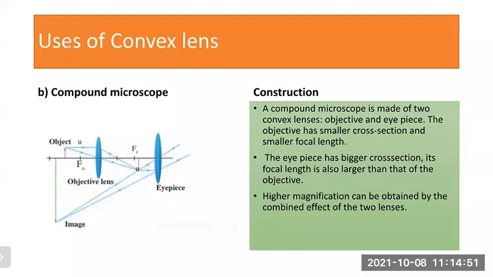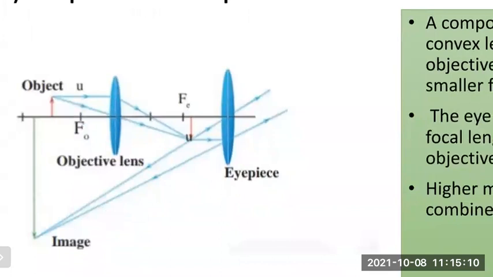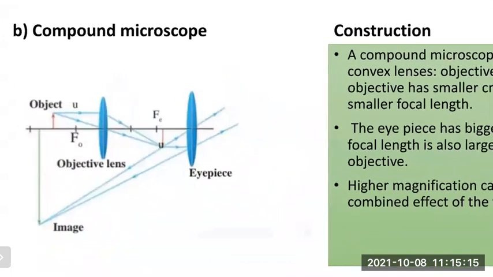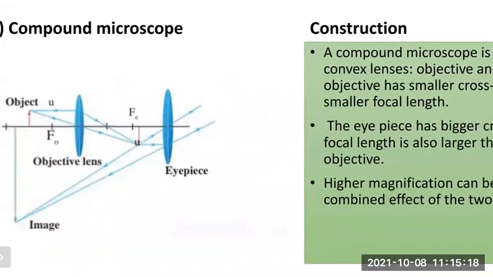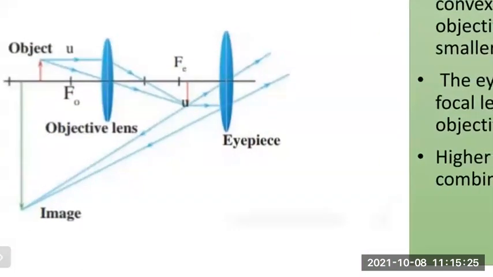And if you see, the axes of both the lenses are along the same line. And these lenses are fitted inside a metallic tube in such a way that the distance between them can be changed. Now suppose you can see here in the diagram, the object is written over there. Now this will be the object for the objective lens, and after refraction you get the image. Here you get the image. Now this image will act as the object for the second lens, and you see the image.